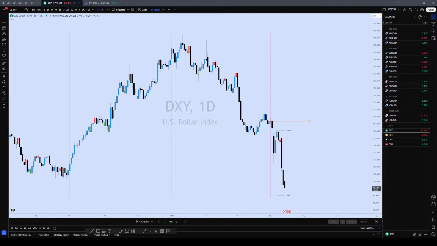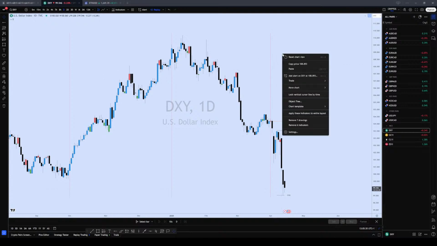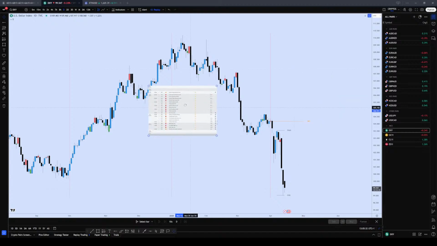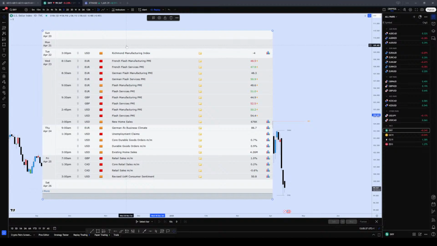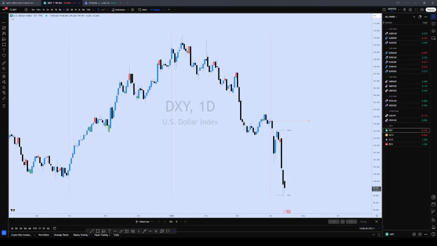Let me see if I can bring the economic calendar out. Okay, so that's the economic calendar, and you can see there's an I got it wrong. That's not this week.